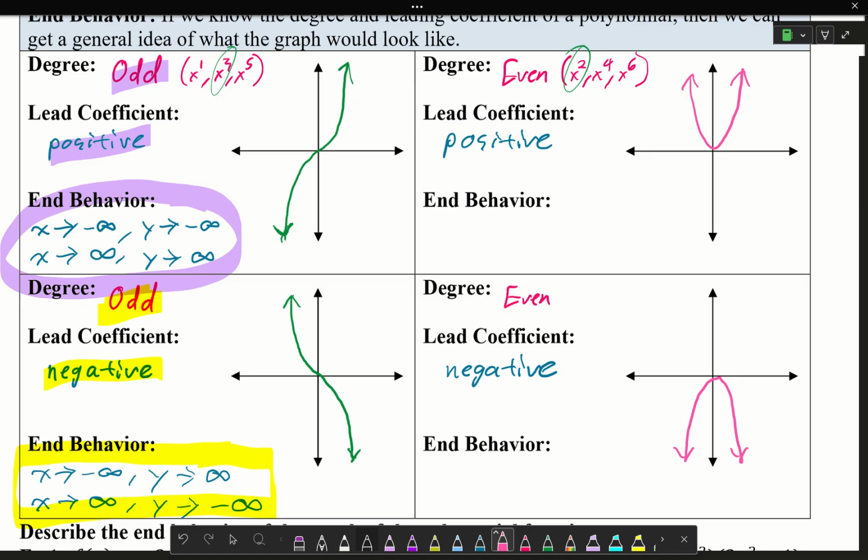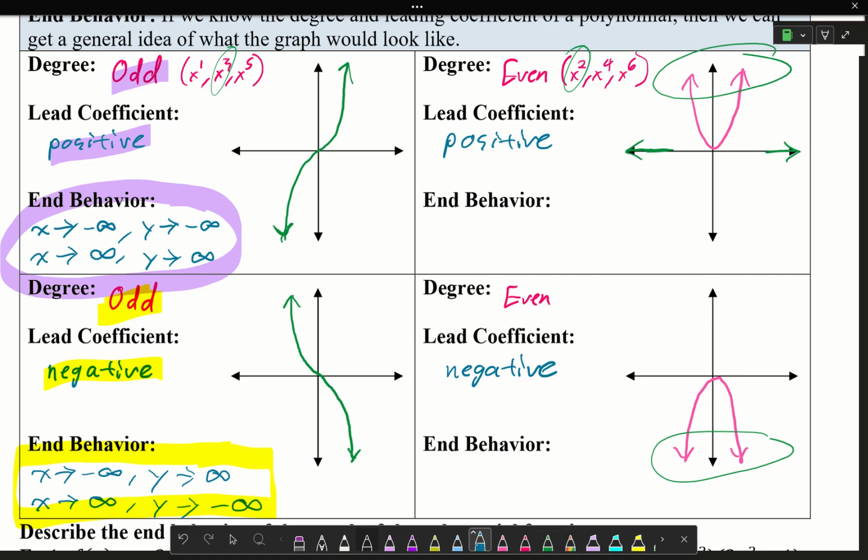Okay, so on these even ones, you can tell automatically that whether we're going to the left or to the right on this graph, so it doesn't matter if we're heading towards negative or positive infinity on the x-axis, the y's are moving in the same direction. So for the positive ones, you can see them both going upwards, and for the negative one, both of our cases are heading in the same direction downwards.